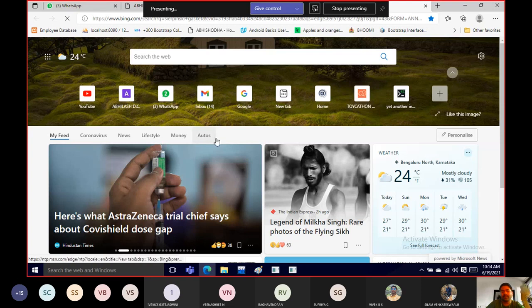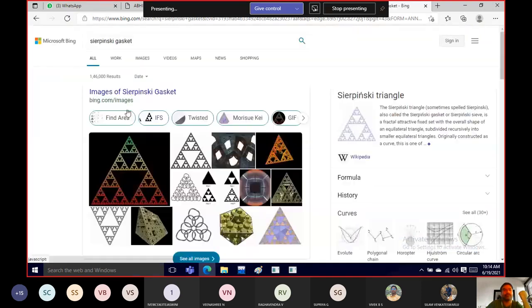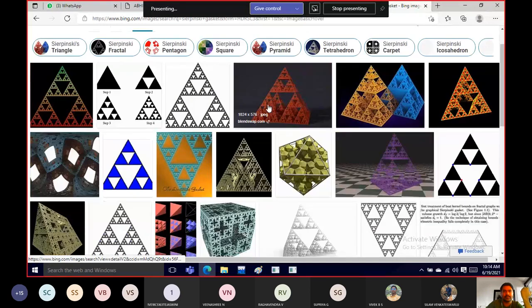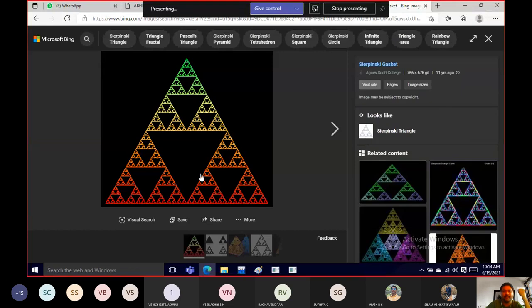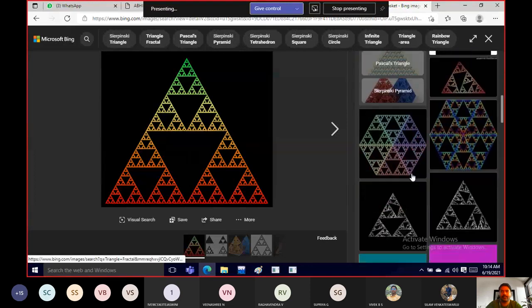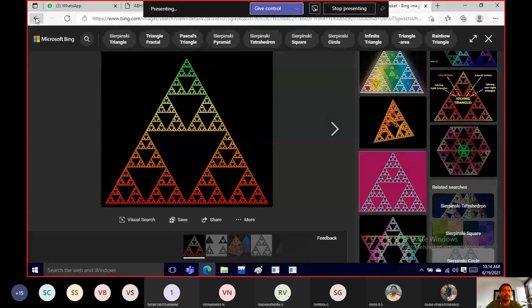How beautiful they are, right? So with the images, I'll just go with the images. So these are Sierpinski gasket based. Practically, this is what we did. This is what I actually did. So this is your 1, 2, 3, 4, 5, 6, 7, maybe 7 different divisions in this gasket. Okay, so many gaskets are there.